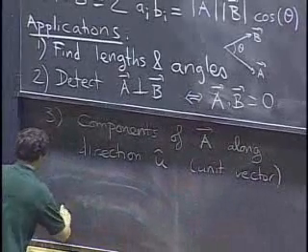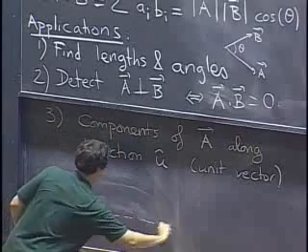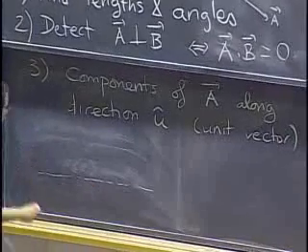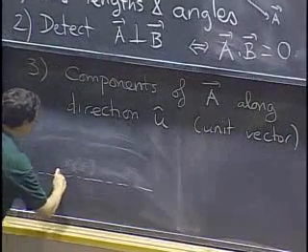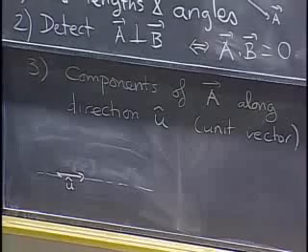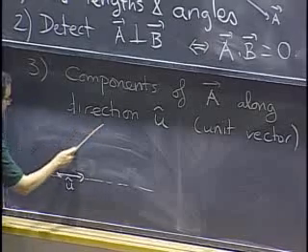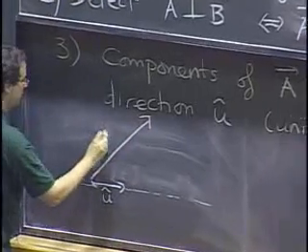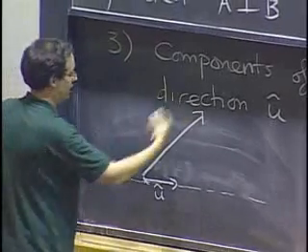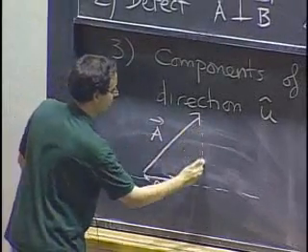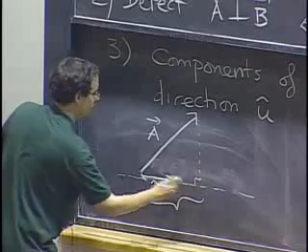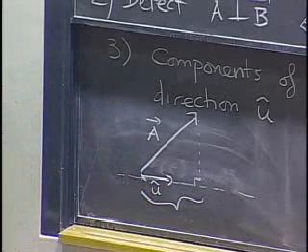Let's say that I have some direction, for example, the horizontal axis on this blackboard, but it could be any direction in space. And to describe this direction, maybe I have a unit vector along this axis. Let's say that I have any other vector A, and I want to find out what is the component of A along U. So that means what is the length of this projection of A to the given direction.